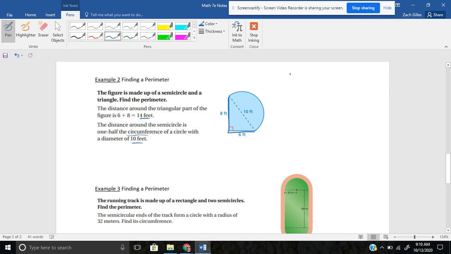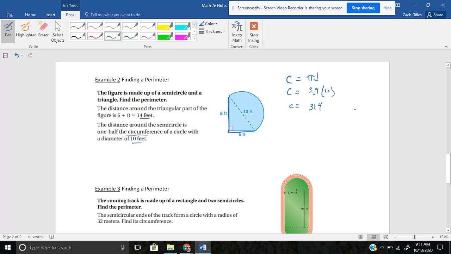So let's remember our circumference formula for a circle is pi times diameter. In this case, I'm going to use 3.14 for pi, and I have to multiply that by my diameter, which is 10. If I'm multiplying by 10, I can just move my decimal 1 spot to the right, so 31.4.